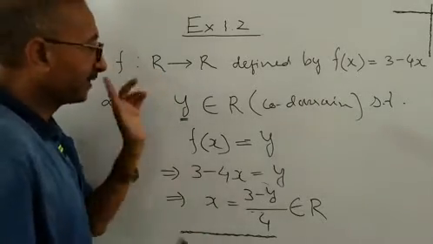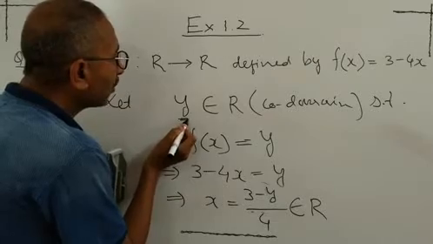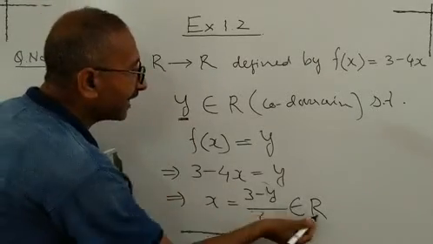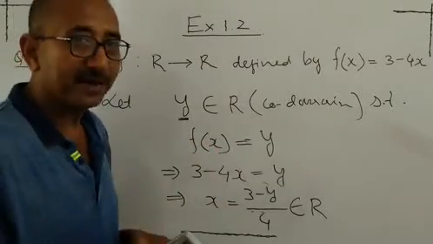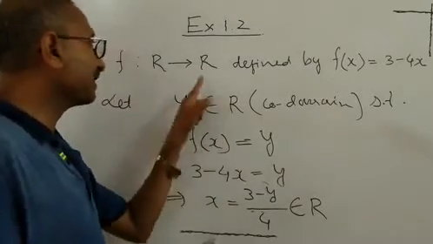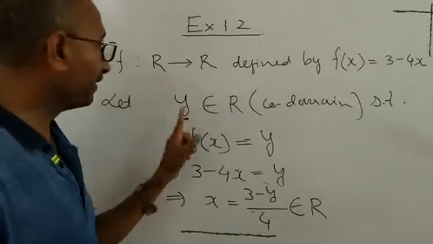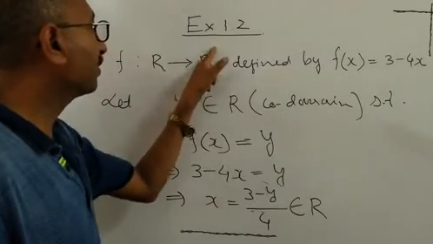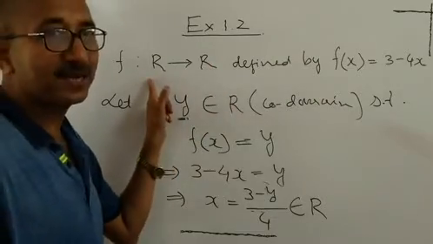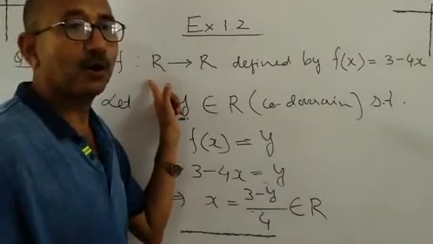That means for y, there is some real number x in this set such that f(x) = y. That means this y has a pre-image here. If y has a pre-image x, that means every element of this set has a pre-image. So it is an onto function.